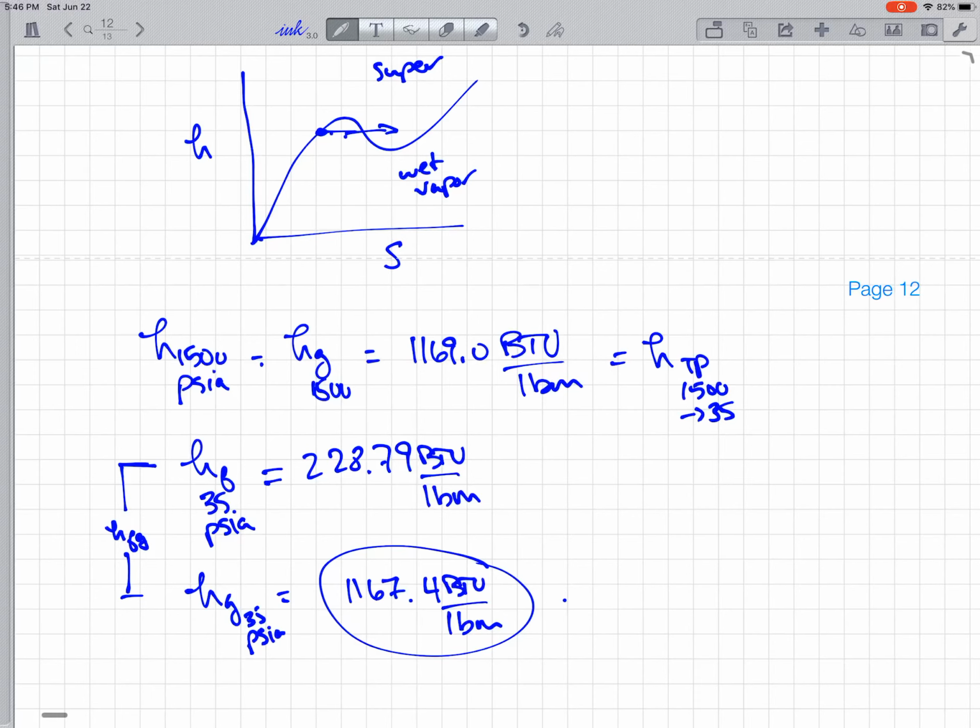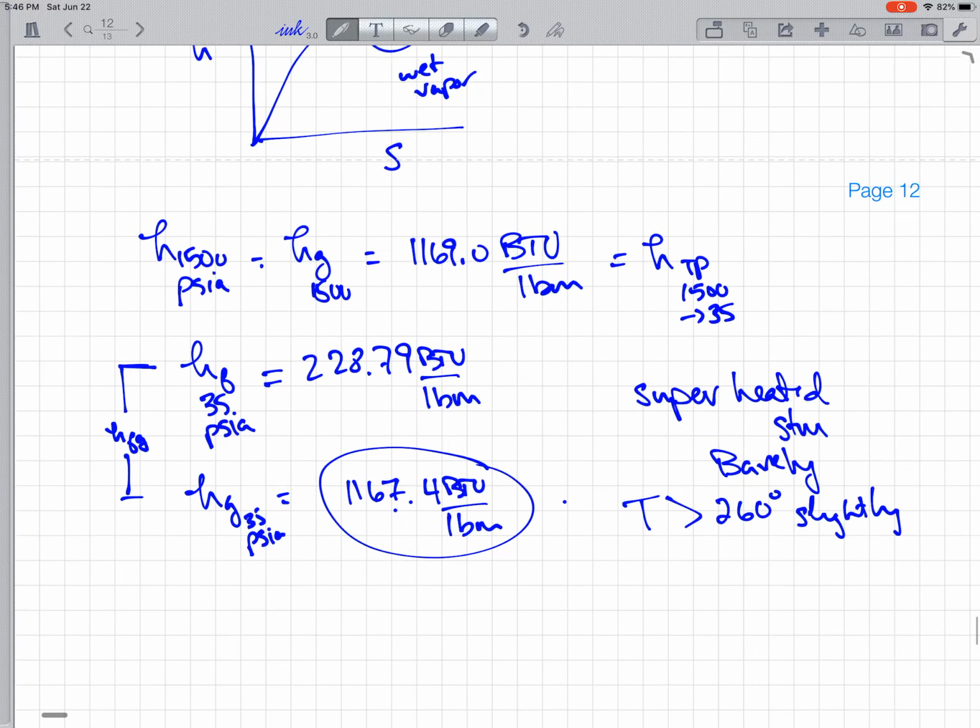So we're at 1169, and saturation was at 1167.4. So we are superheated steam, but just barely. In other words, we have gone past 260 degrees, so we're at a temperature slightly greater than 260 degrees.